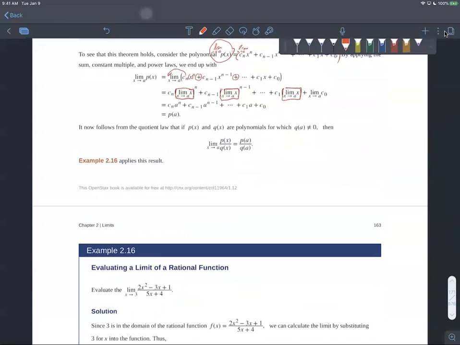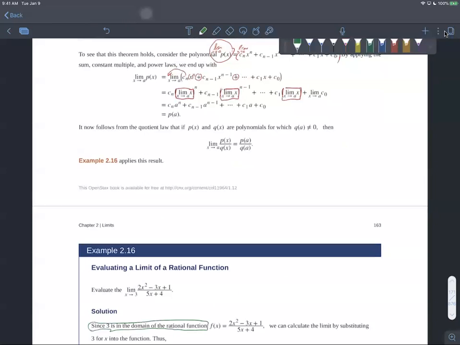Evaluate the limit as x approaches 3 of 2x squared minus 3x plus 1 over 5x plus 4. And so one thing that we do need to note here that's given in the solution, it says, since 3 is in the domain of the rational function, then we can basically just use direct substitution.